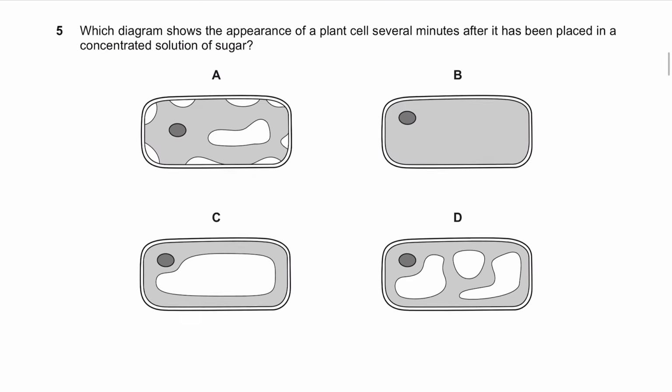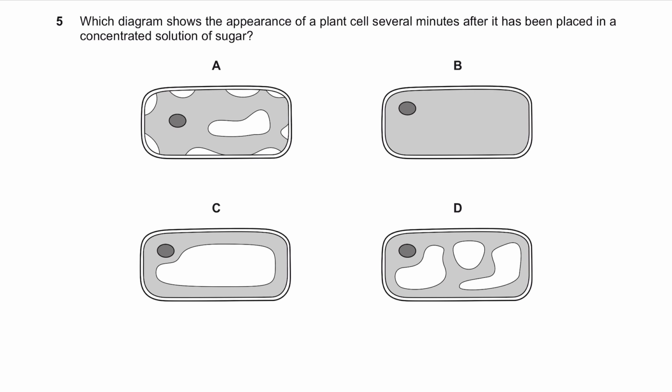Question 5. Which diagram shows the appearance of a plant cell several minutes after it has been placed in a concentrated solution of sugar? If it's a concentrated solution of sugar, it means that there is very low water potential. So if there's very low water potential, the water inside the cell will go out of the cell. You have to choose a diagram which shows that water has went out of the cell.